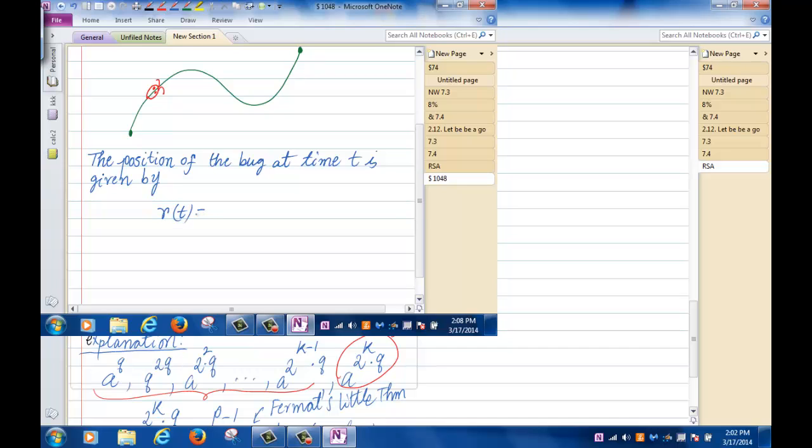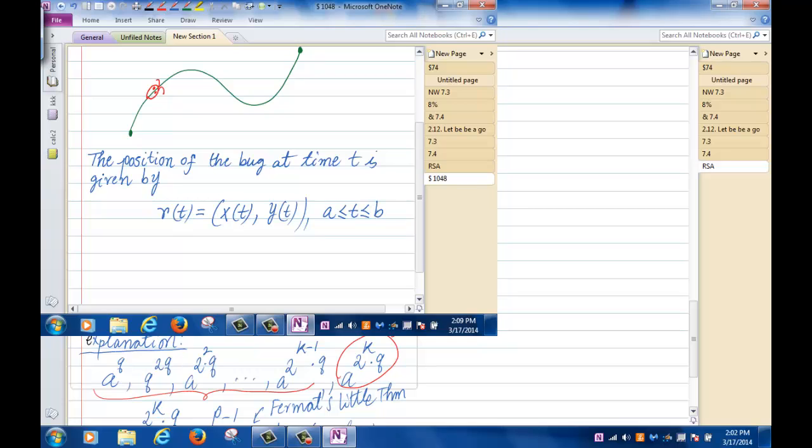So r of t tells you what are the coordinates of the bug at time t. So r of t will be a point in the plane. So let's say the first coordinate is given by x of t, the second coordinate is given by y of t, and let's say we are only looking at the time interval between a and b.